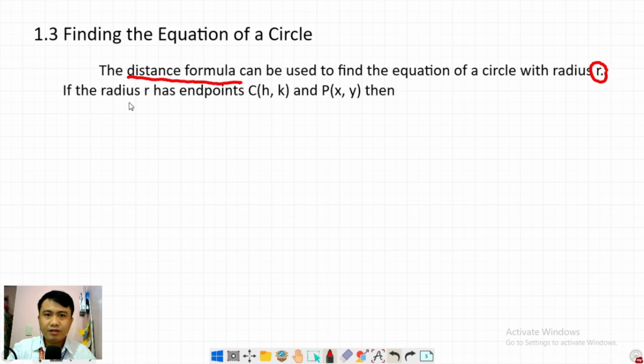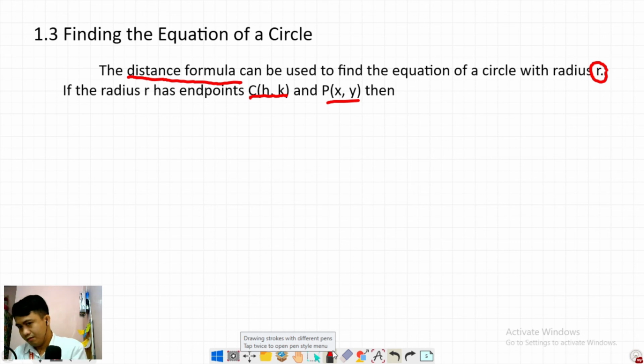If the radius r has endpoints (h, k) and point (x, y), sige, para makita natin yung sinasabi niyang mga center, mga point (x, y), try nating mag-draw.